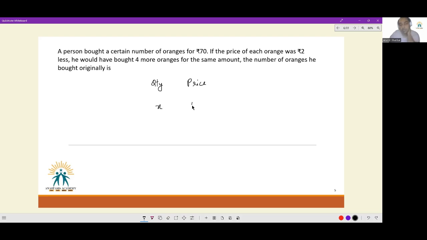Let this be x, let this be y. X into y is equal to 70. If the price of each orange was 2 less, y minus 2 into x plus 4 is also equal to 70. This is what we know.